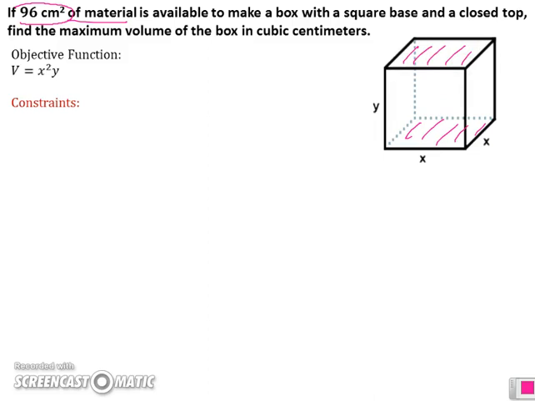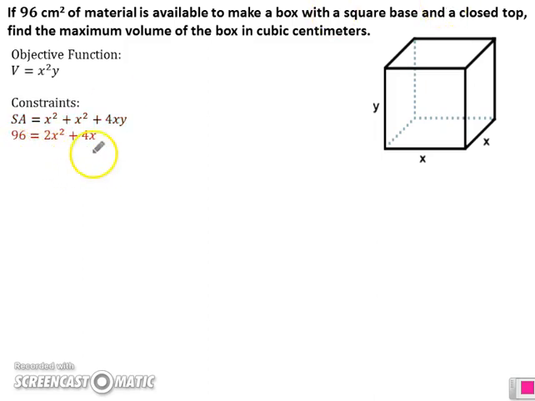So we have 2x squared, and then the faces are x times y, and there's 4 of those to go around. So we have x squared and x squared representing the top and the bottom, and then 4xy representing the sides. And we have 96 square centimeters of material to make this.